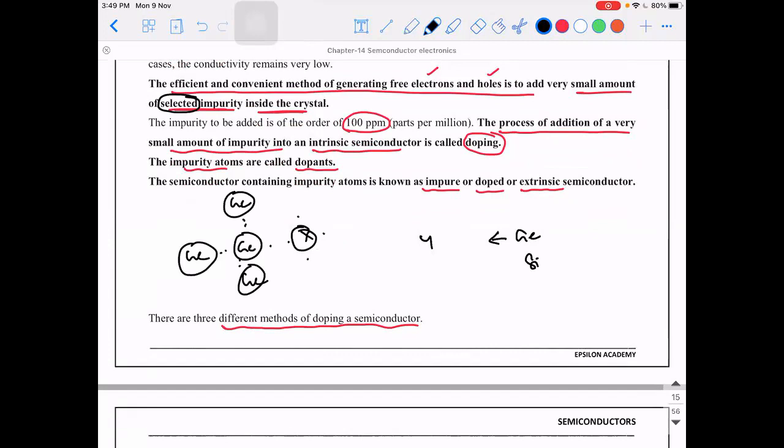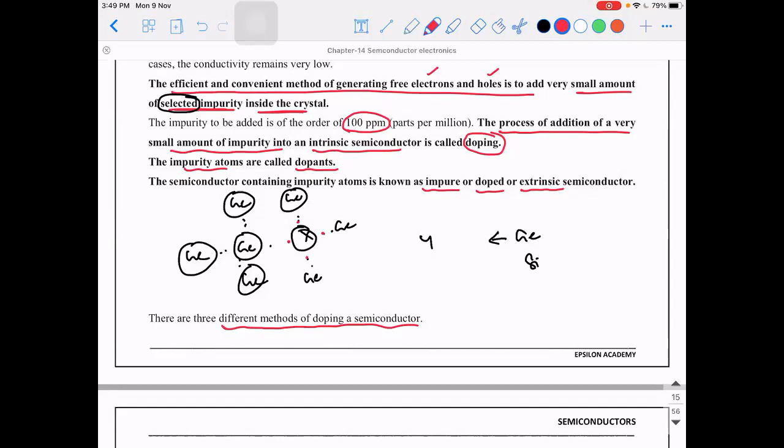Let's say that impurity is X. For the process of bonding, how many electrons are expected from the impurity? 1, 2, 3, and 4. So 4 from the impurity and 4 from the neighboring germanium atoms.